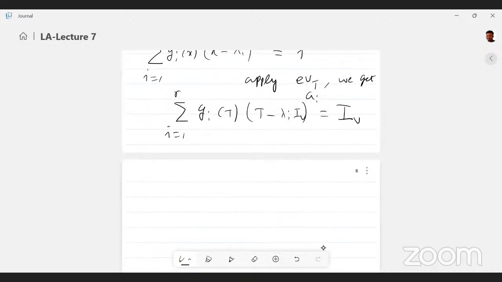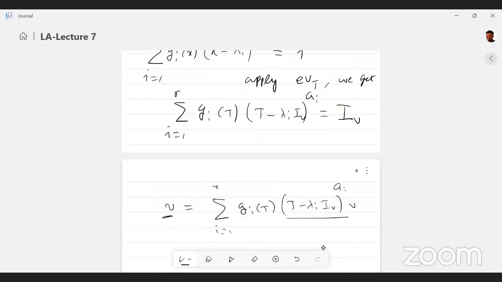Now using this, I can write v as the summation of gi of T times (T minus lambda i identity) power ai applied to v, i ranging from 1 to r.